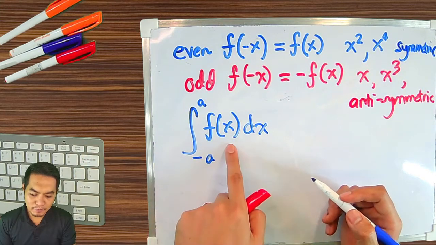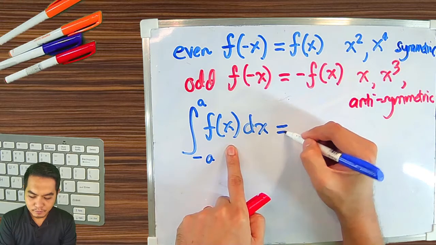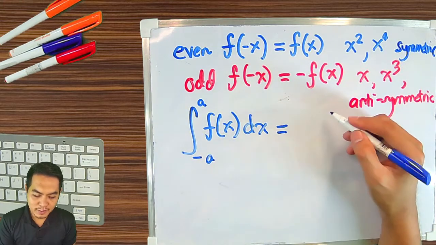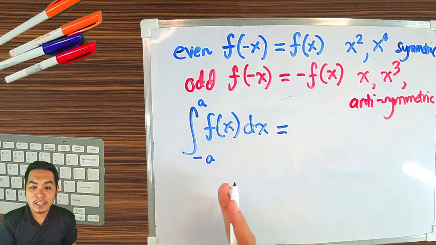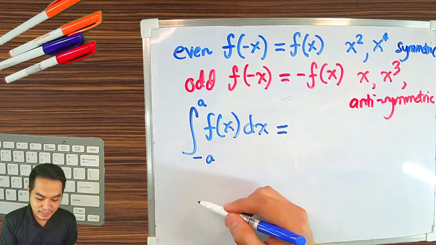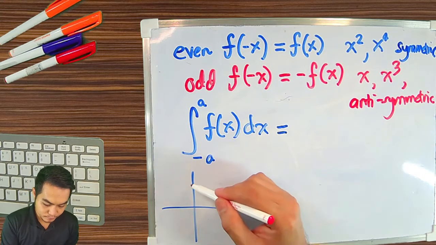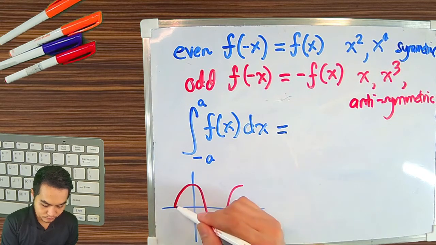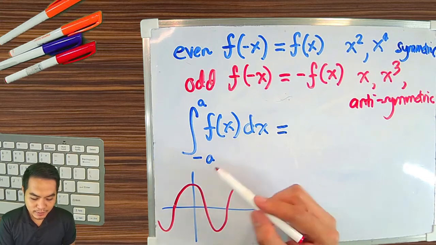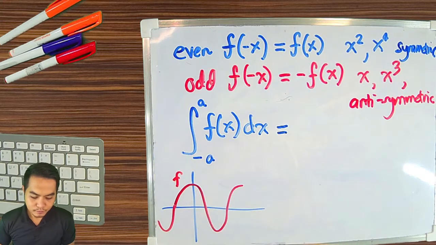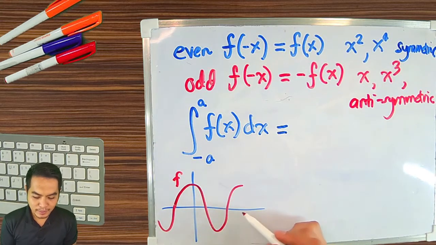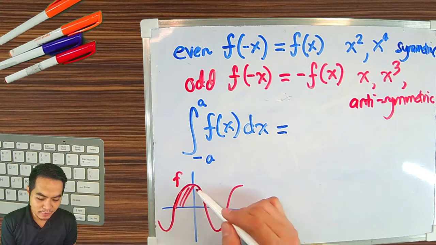If f of x is even, then notice in the graph that the integral is basically the area under the curve.